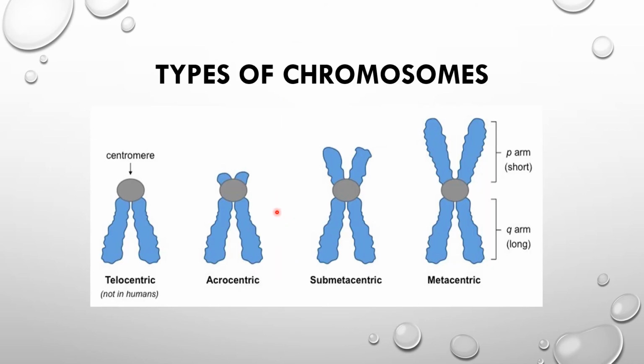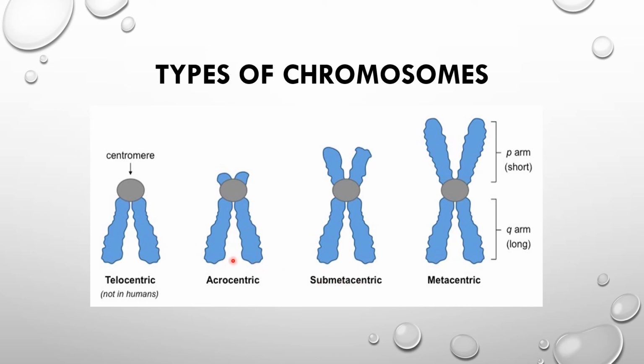Here you can see the types of chromosomes depending upon the position of the centromere. If the centromere is in the center and both the arms, that is the chromatids, are of equal length, such chromosomes are known as metacentric. If the centromere is shifted a little towards one side, so the upper arm is shorter and the lower one is longer, meaning they are unequal, then it is submetacentric.